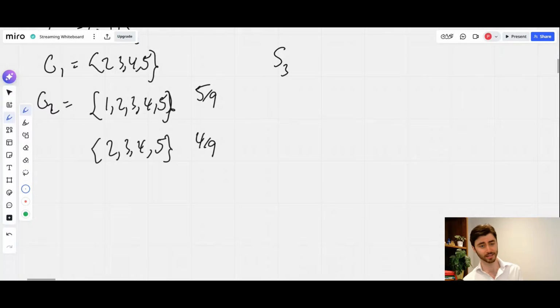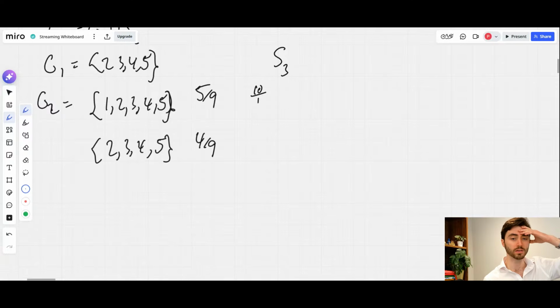Well, hold on. So you would get 5/9, 4/9. So you would get 10 possibilities there, each of probability a 18th. And 6 possibilities from there, each with probability 2/18. No, that's not right. So 5/9 over 10, so it's 10 lots of 1 over 18.